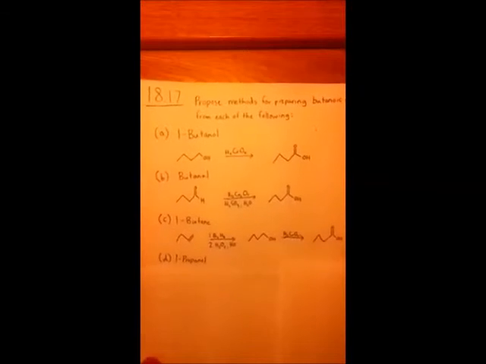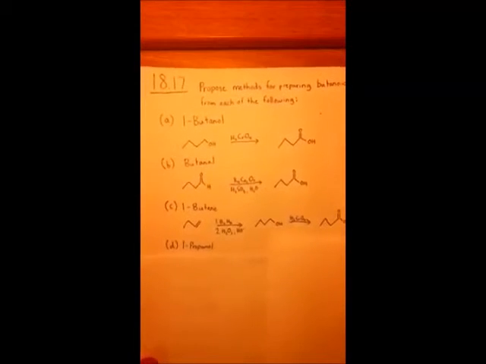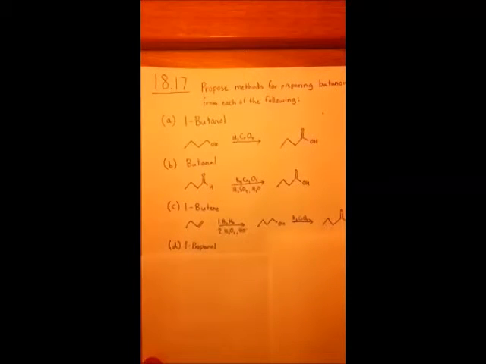So now D, your starting molecule is 1-propanol, and there's a couple of different ways that you can go about this, but all of them you're going to first start by preparing an alkyl halide from the alcohol that you're starting with.